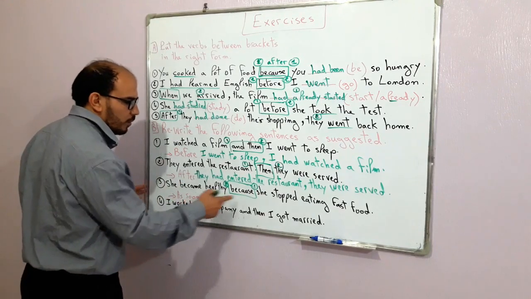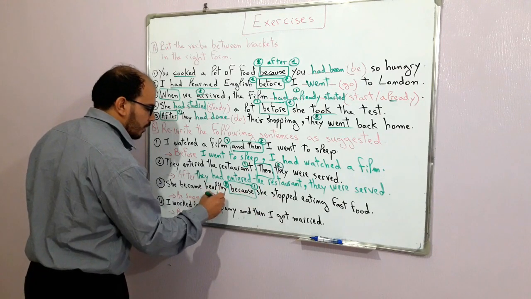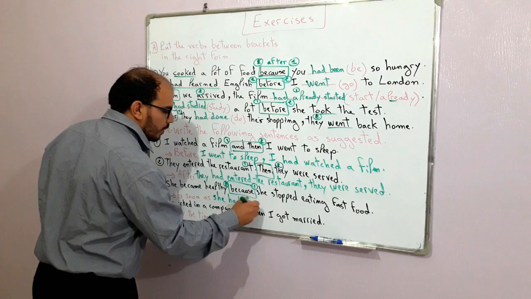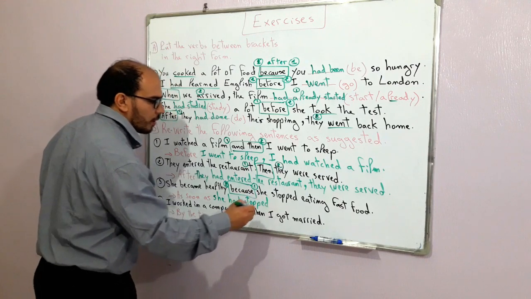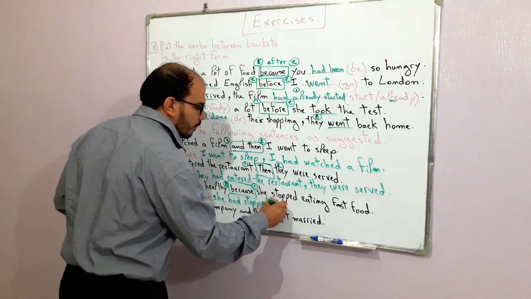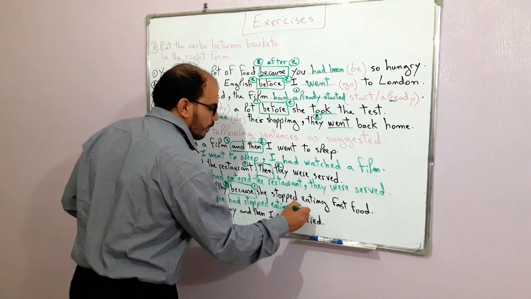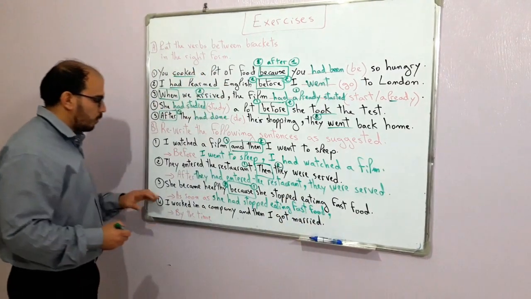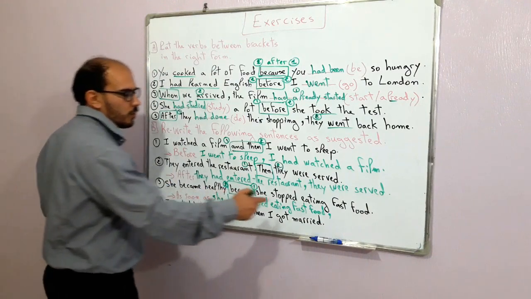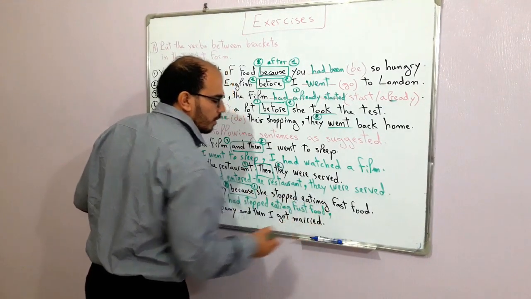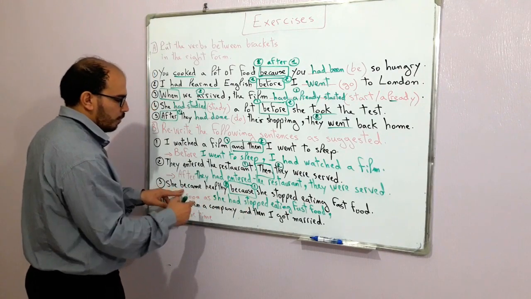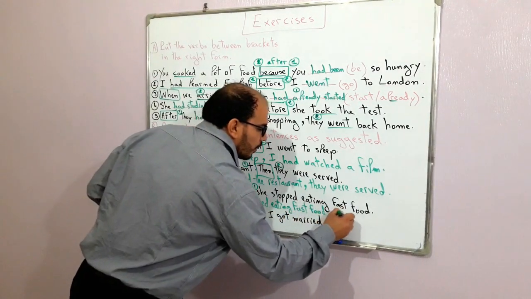So after or as soon as she had stopped eating fast food, comma, because all the time when we put them in the beginning, we have to divide them using a comma. And then activity number two in the simple past, she became healthy.